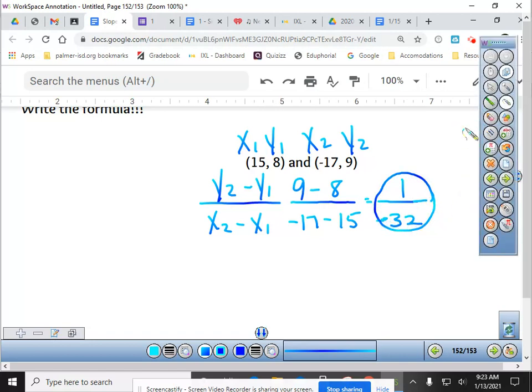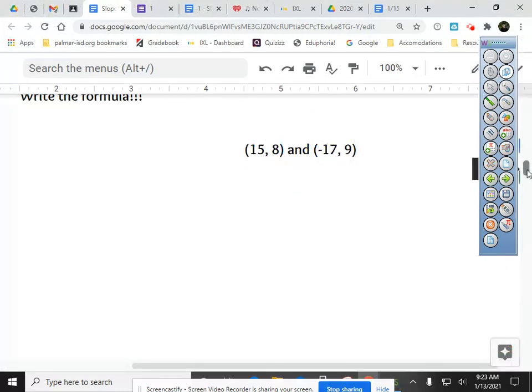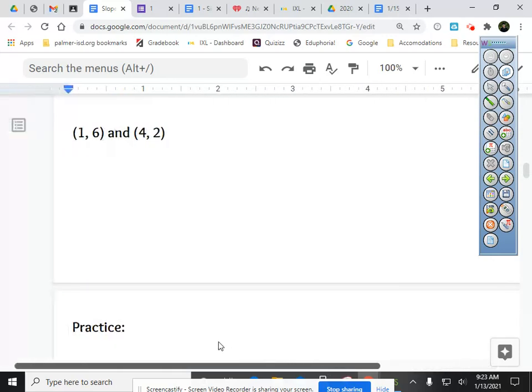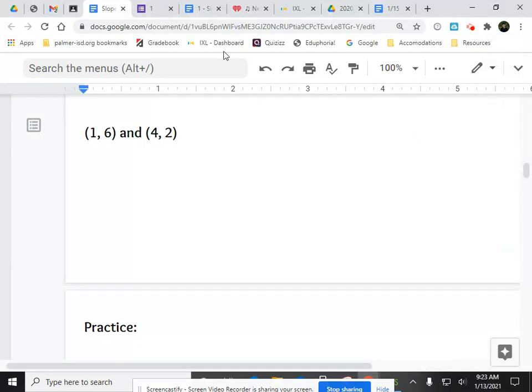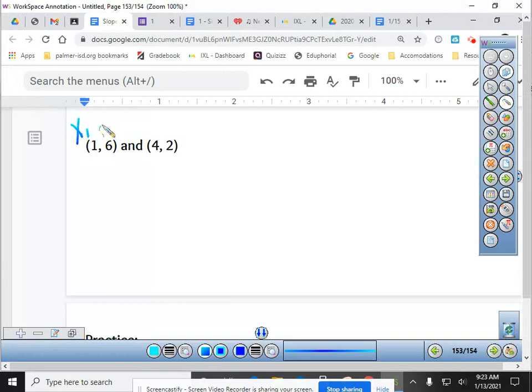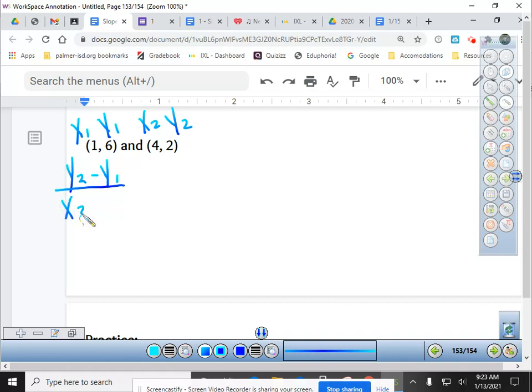Okay. Everybody done writing? Let's move on to the next one. There it is. What are we going to do first? Label. Everybody. X1, Y1. X2, Y2. Then write the formula.